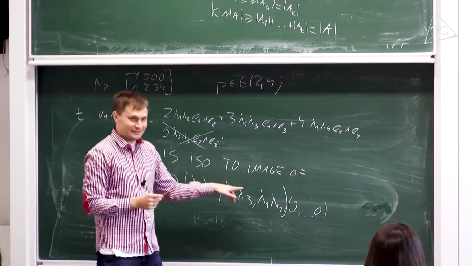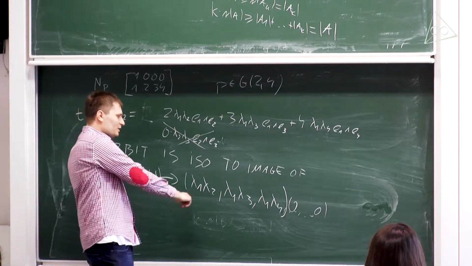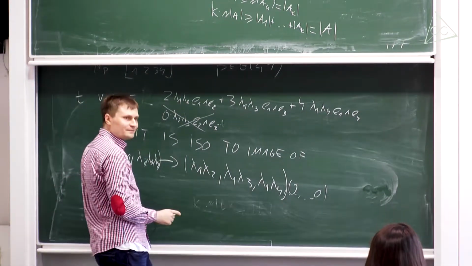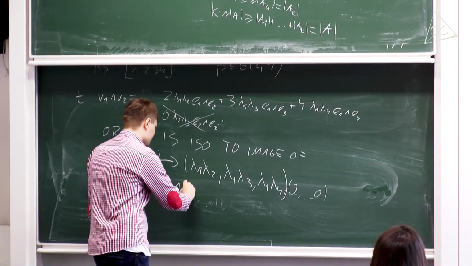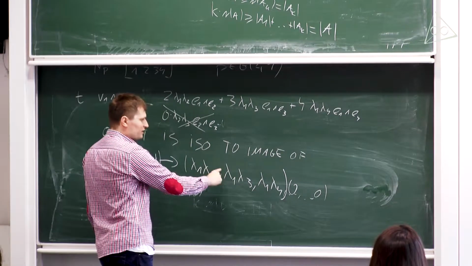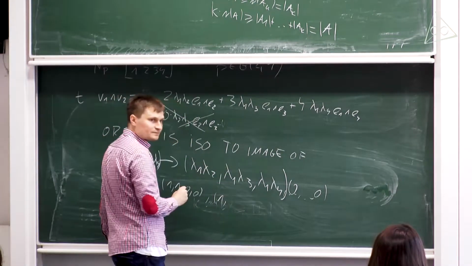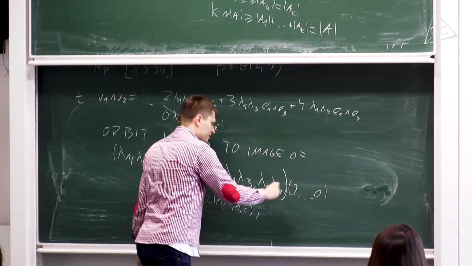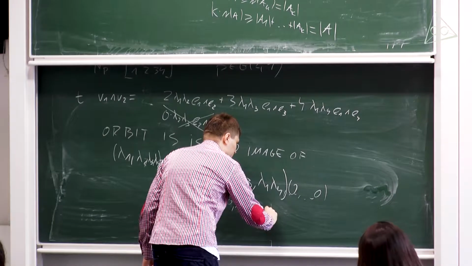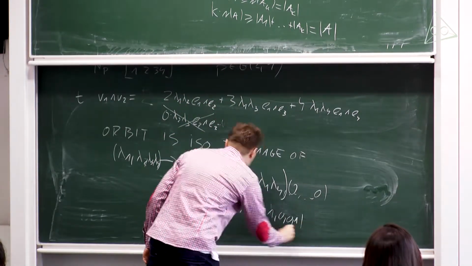The exponents. Monomial maps were encoded by exponents. So what's the exponent here? 1, 1, 0, 0, because there is no lambda 3, lambda 4. What's here? 1, 0, 1, 0. And here? 1, 0, 0, 1.